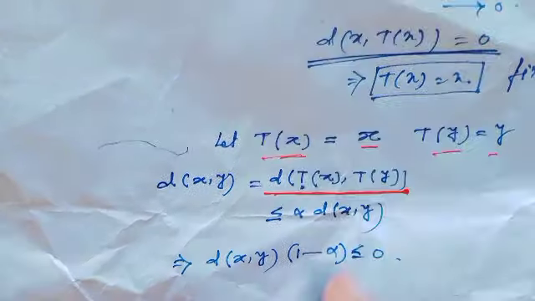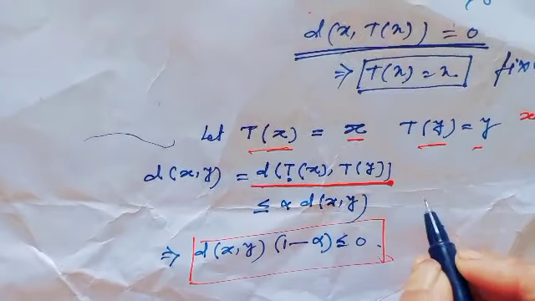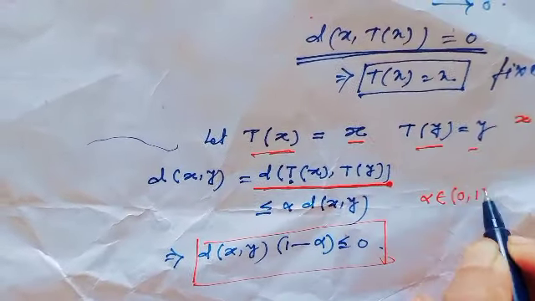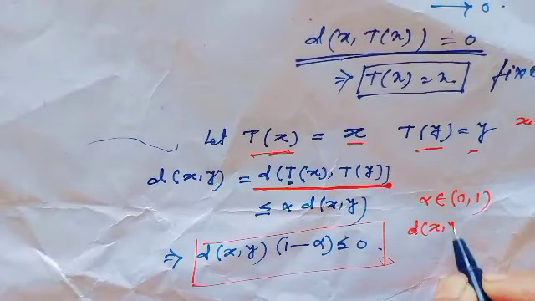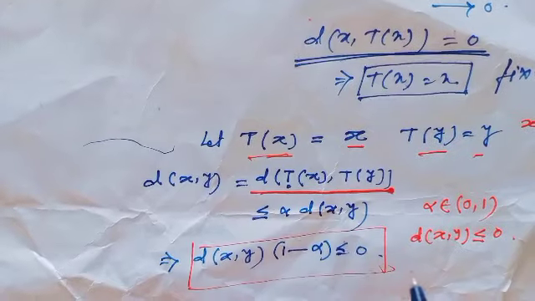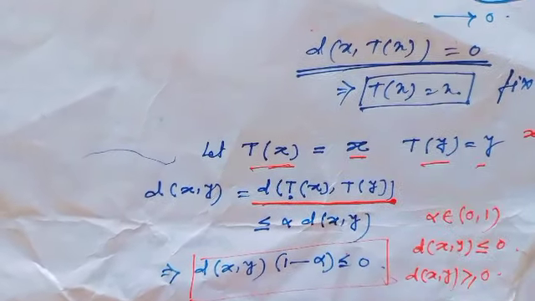That implies d of xy times 1 minus alpha is less than or equal to 0. But since alpha lies in the open interval 0, 1, then 1 minus alpha being less than or equal to 0 is not possible. That means the only possibility is d of xy less than or equal to 0. But all of us know d of xy is always greater than or equal to 0.